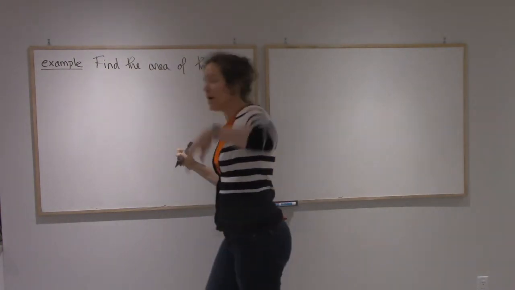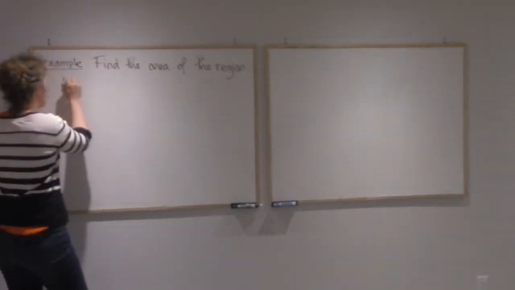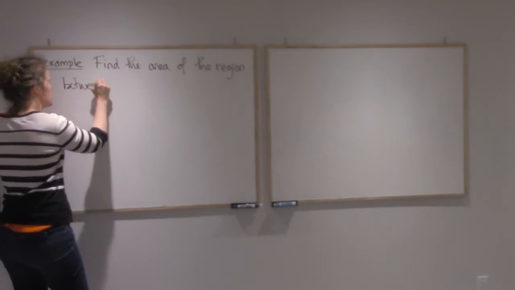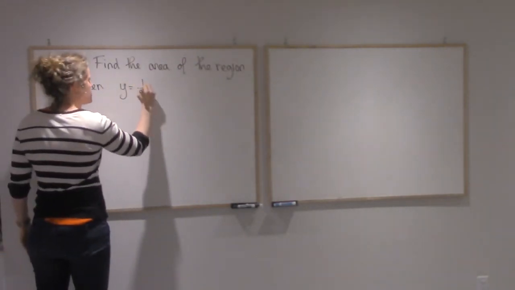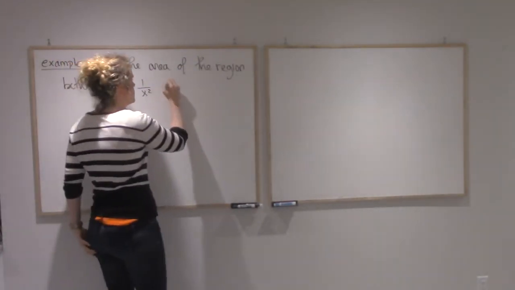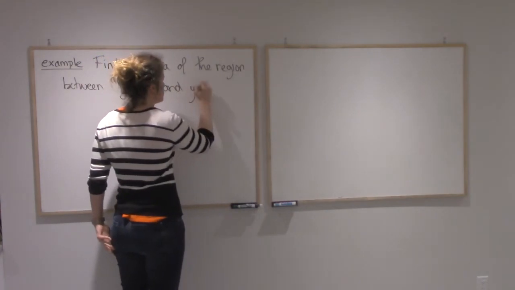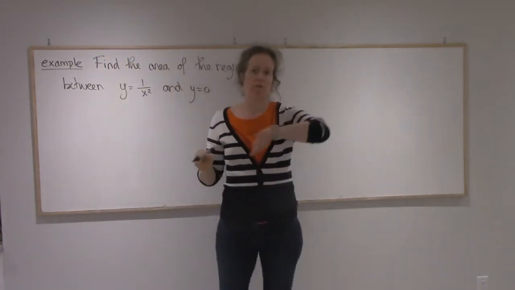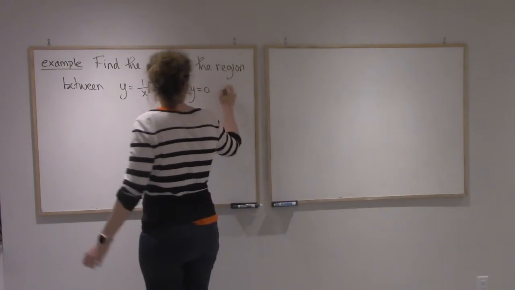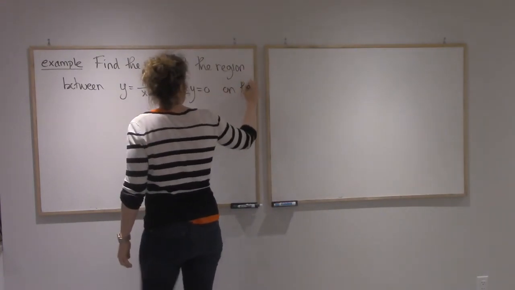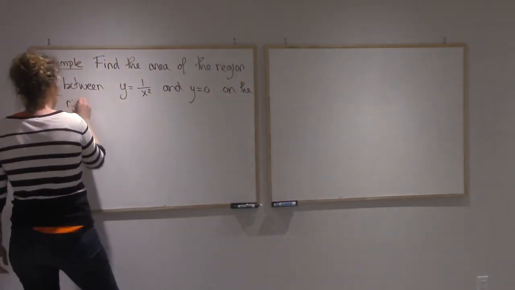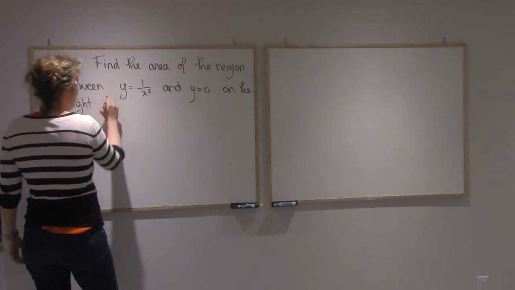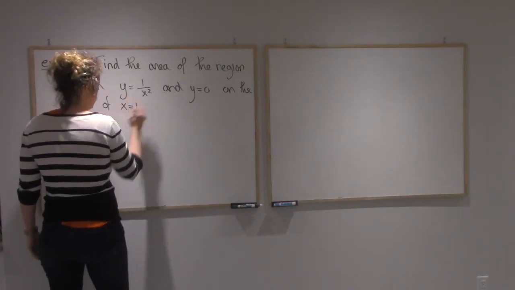I have a top bound of y equals 1 over x squared and a bottom bound y equals 0. And I'm going to look from 1 on, so on the right of x equals 1.